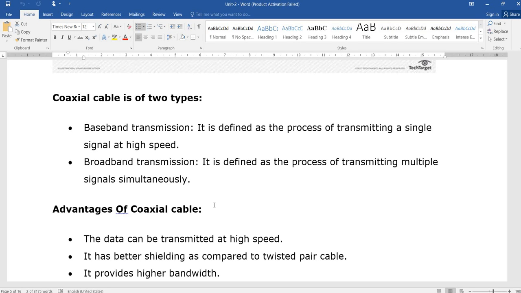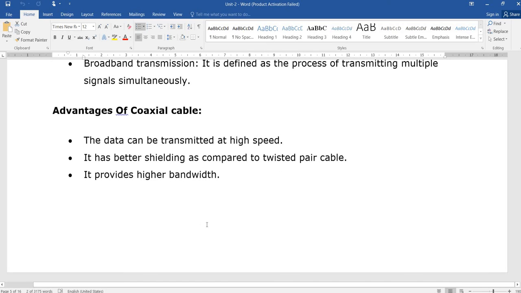The next point is the advantages of coaxial cable. The data can be transmitted at a high speed. It has better shielding as compared to a twisted pair cable. It provides higher bandwidth.